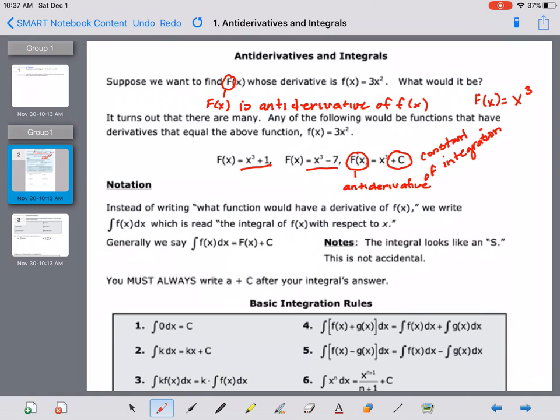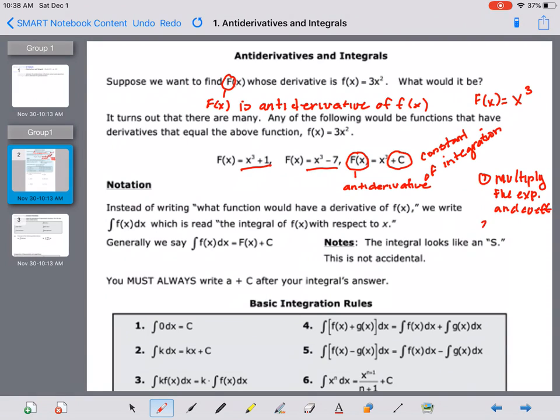So if we think in our derivative process for power rule, the first thing we did was multiply the exponent and coefficient. I'm just using some abbreviations for short.